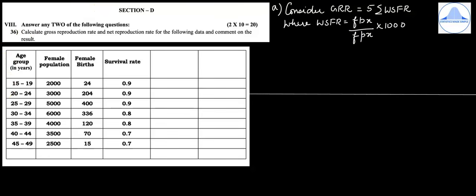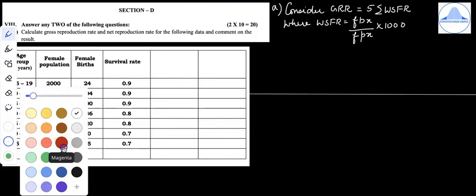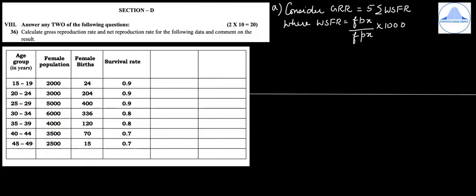So let us go to the table and mark the columns which are given, and let us do the calculations. FPX is the female population. First mark the columns correctly.